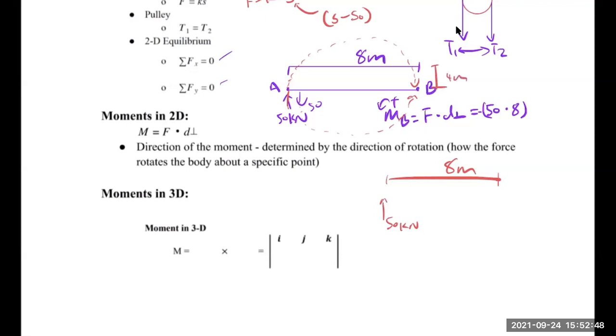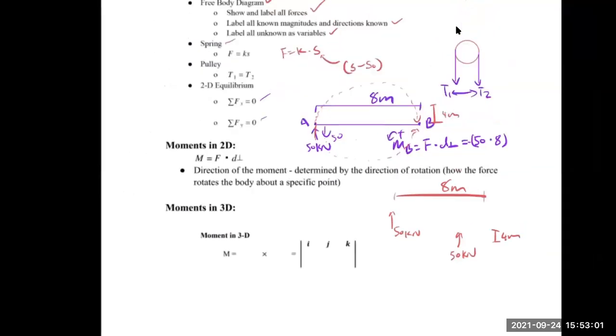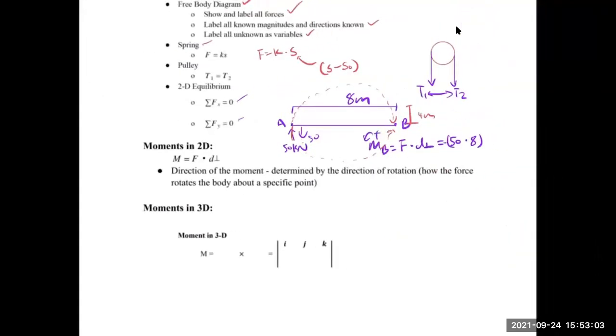I cannot do 50 multiplied by 4, because the 50 kilonewtons and the 4 meters are parallel to each other. You cannot do that. 2D moment is very simple, very, very easy, if you know how to read the picture that the problem is giving.